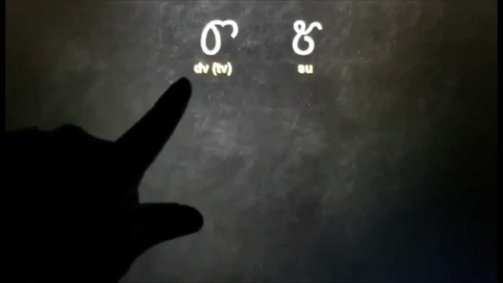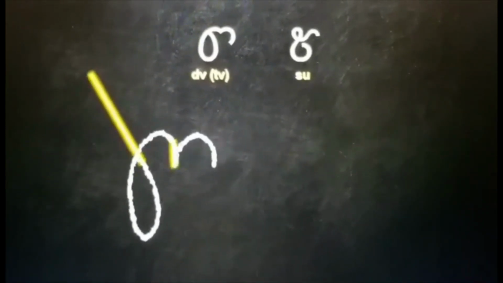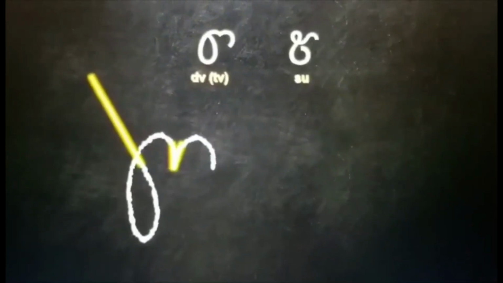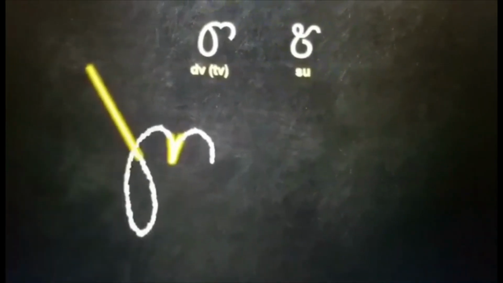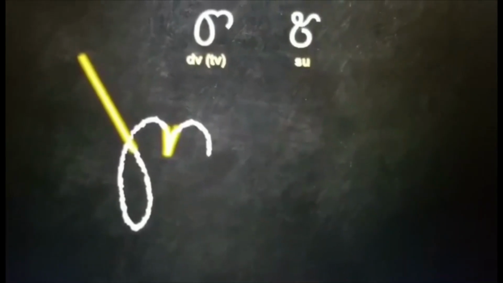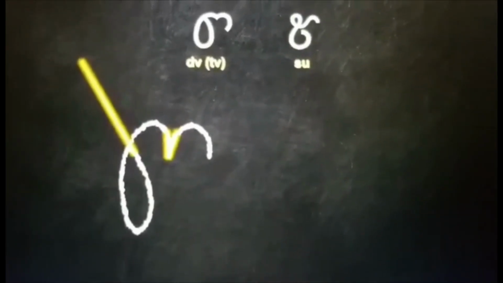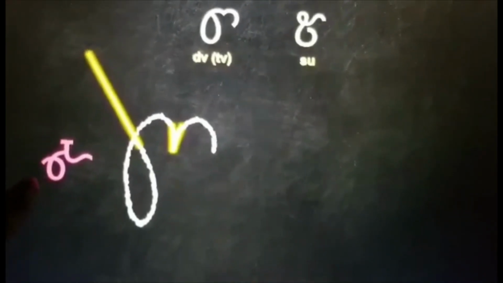Okay, so here we have da or ta and su. So da, you can think of da. It has the actual sound in it. I can see a D and a V, and when I see it, it takes me a moment to register, and then I'm like, oh yeah, duh, it's duh. I put this one in here as a reminder.